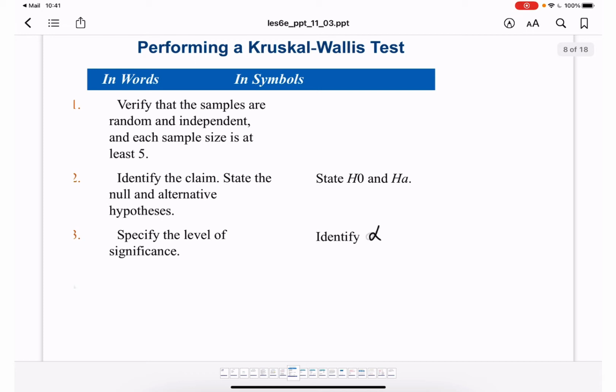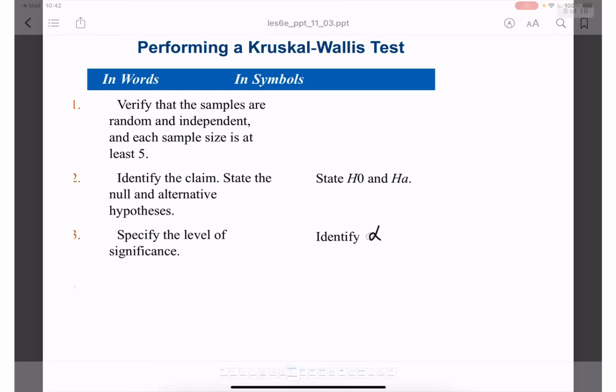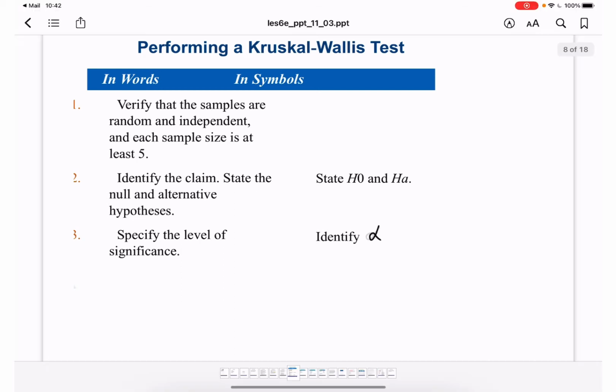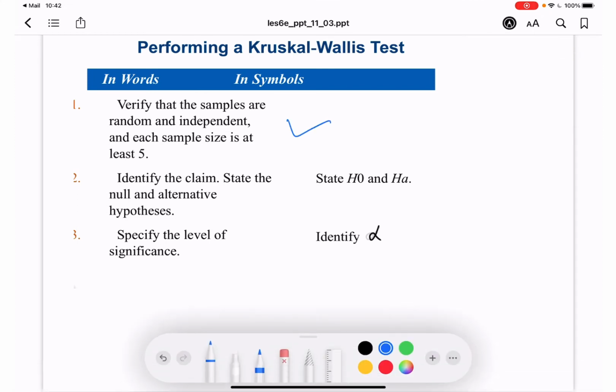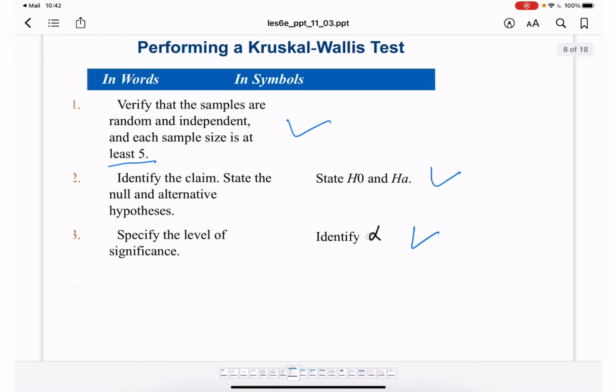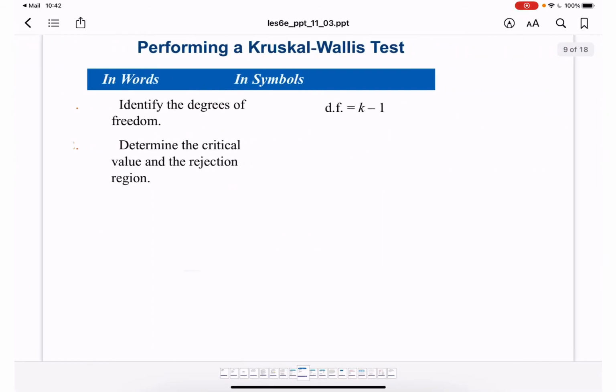First, we need to verify that samples are random and independent, and they have a size of at least 5. Identify the null and alternative hypotheses, get the level of significance, we have it.